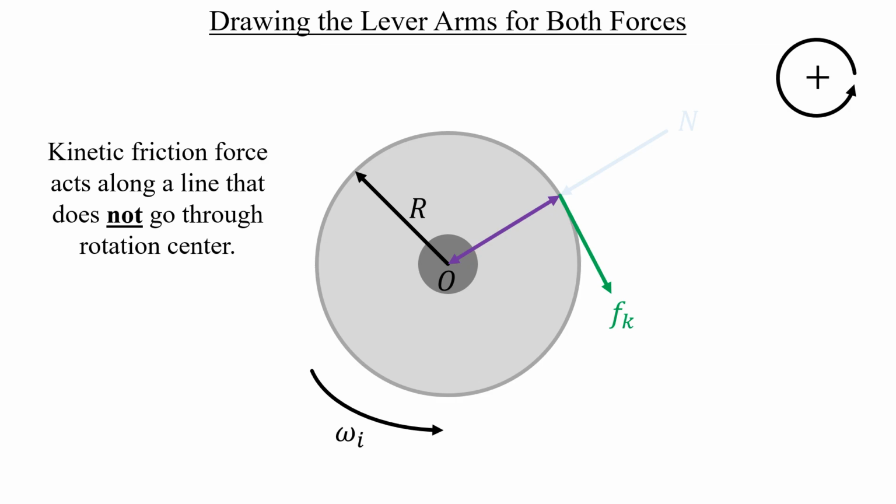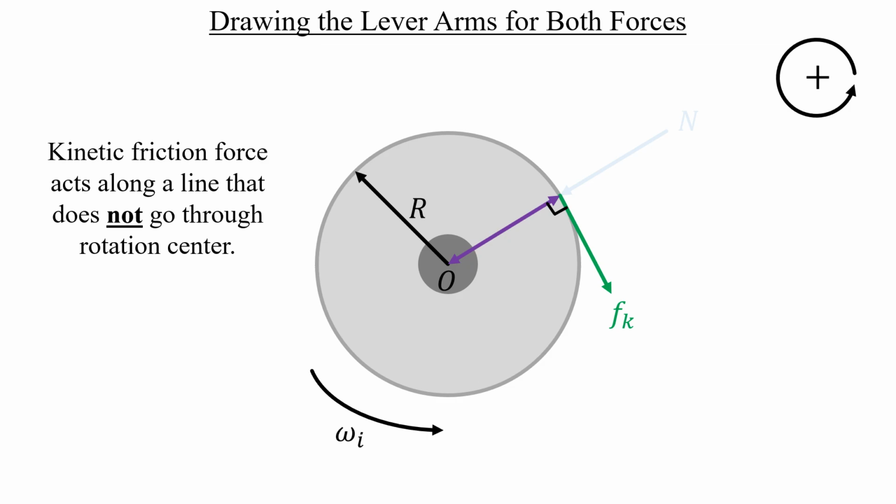How do we know that this purple length is actually perpendicular to that green vector that represents the kinetic friction force? Well, by definition, perpendicular lines intersect at a 90-degree angle. And if we can draw a right angle between these two, like that, then it meets the requirement.